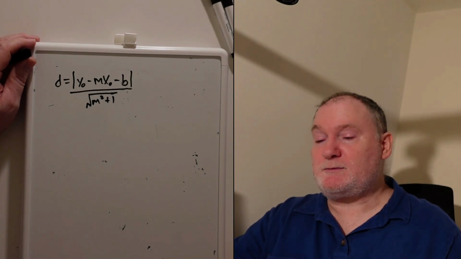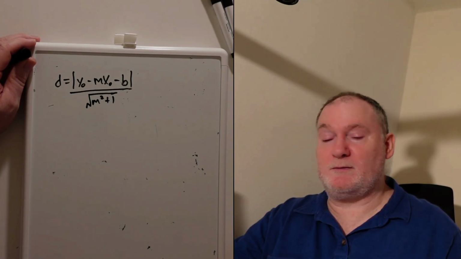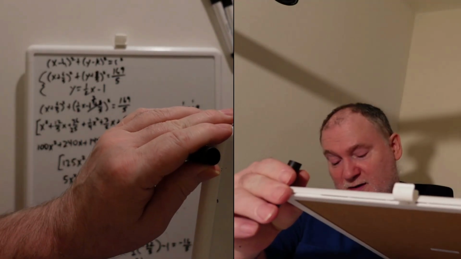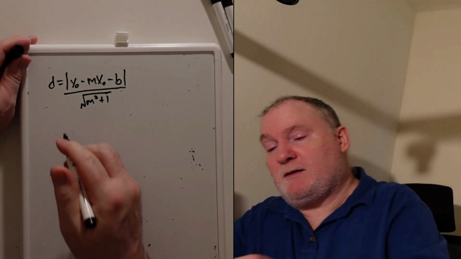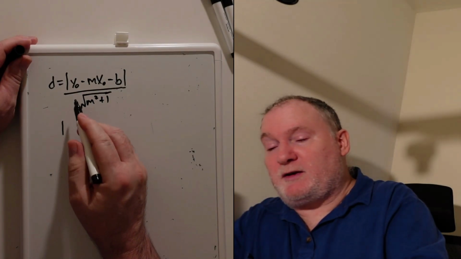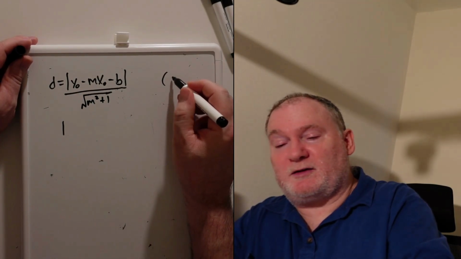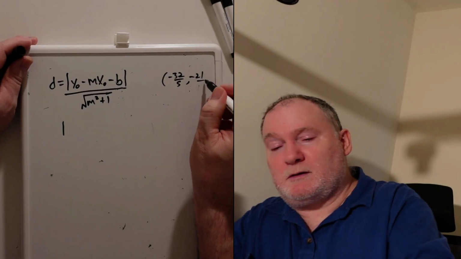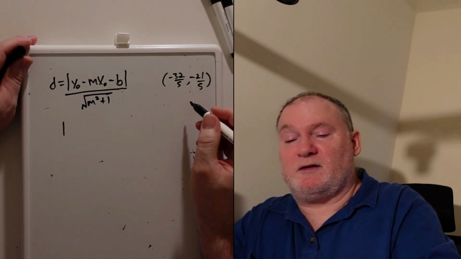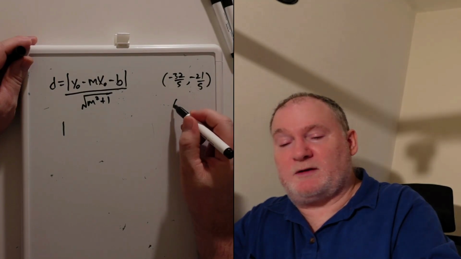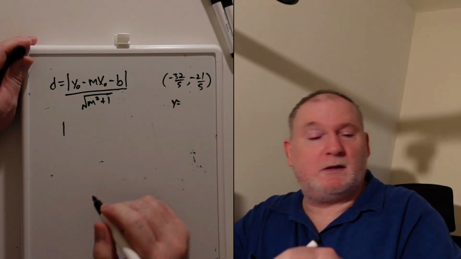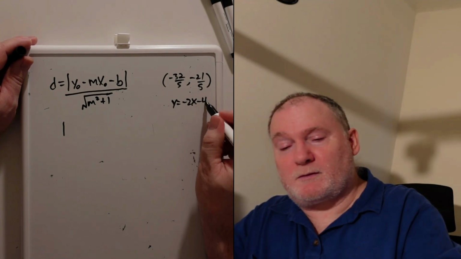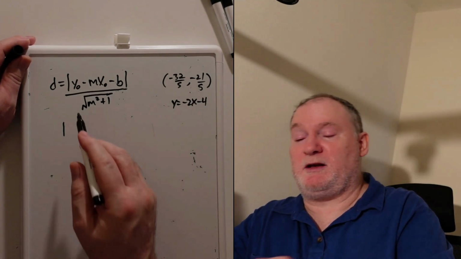And so the point is the one we just got, which is negative 32 fifths, negative 21 fifths. I guess I should write this down. So this is our point, and the line was negative 2x minus 4. So now we have what we need to plug into this equation.